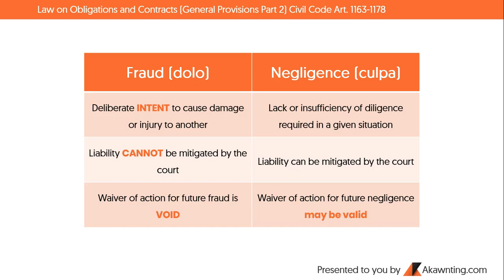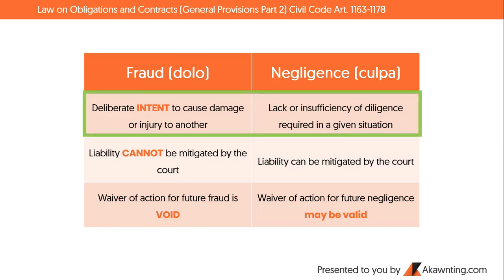So the first comparison na titignan natin is with regards to intent. So number 1, sa fraud, there is a deliberate intent to cause damage or injury to another, while in negligence, wala pong deliberate intent na ganun. So there is only a lack or insufficiency of diligence required in a given situation.